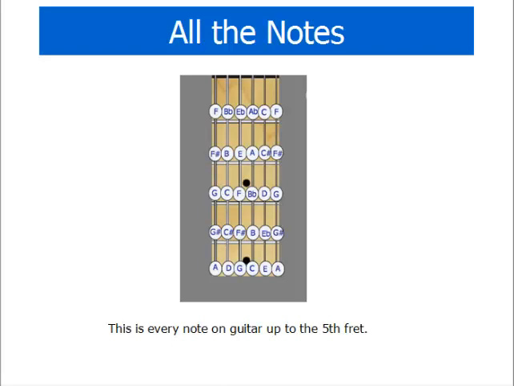F to F sharp is not actually what we would call the correct spelling for a minor second. It would actually be G flat. I'll give you a little side note here. F to F sharp is called an augmented unison.